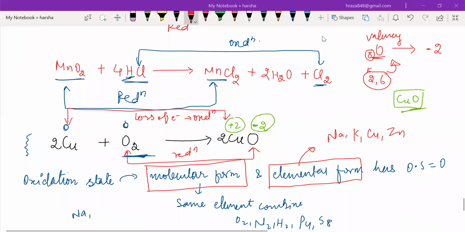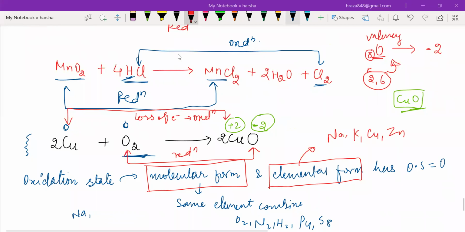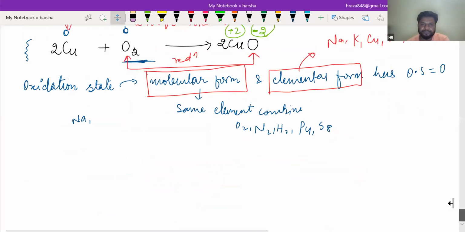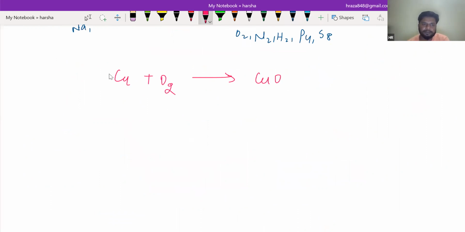Abdullah, are you done? Now see, if I give you this question again, Cu plus O2 will give CuO. You can easily tell that copper initially doesn't have any oxygen and now it has one oxygen.